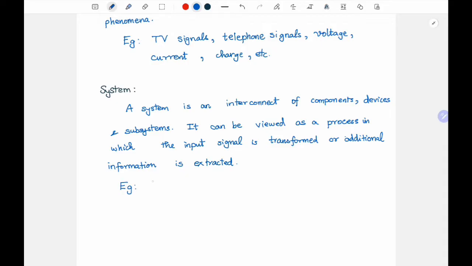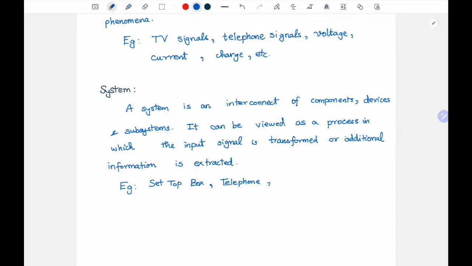So again, to give examples, for TV signals, if you have the set-top box, it transforms the incoming TV signals so that you can watch it on the TV. And for telephone signals, you have the telephone itself, so it is also a system.